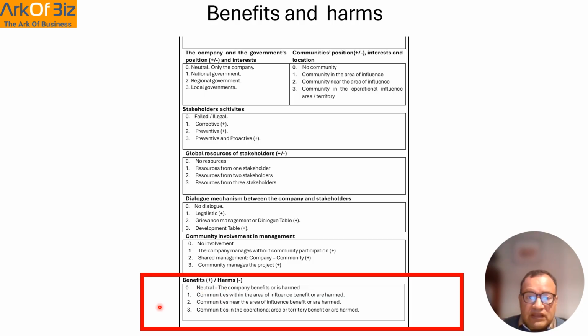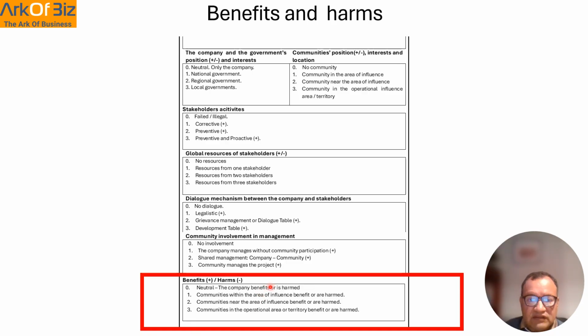Communities near the area of influence receive a value of 2, also depending on whether they benefit or are harmed. Finally, communities in the operational area or territory receive a value of 3, depending on whether they experience benefits or harms.